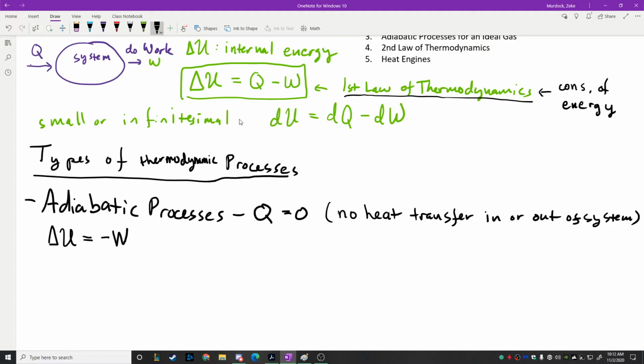So let's talk about it. It doesn't always have to change, maybe, in an adiabatic process. Okay, let's just talk about one example. One example of this would be the compression stroke in an internal combustion engine.